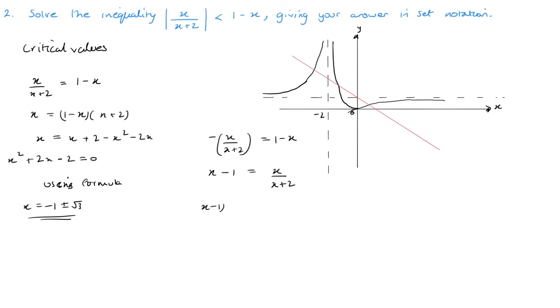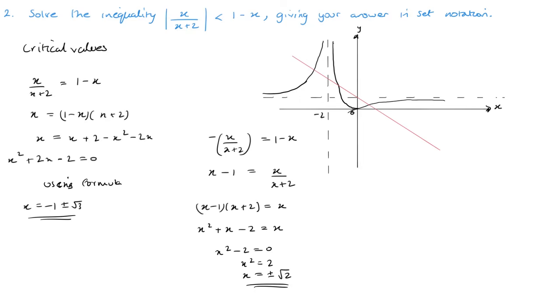And that is x minus 1, x plus 2 equals x. So it gives me x squared plus 2x minus 1x, so plus x minus 2 equals x. So this is x squared minus 2 equals 0. So that is x squared equals 2, or x equals plus or minus root 2.